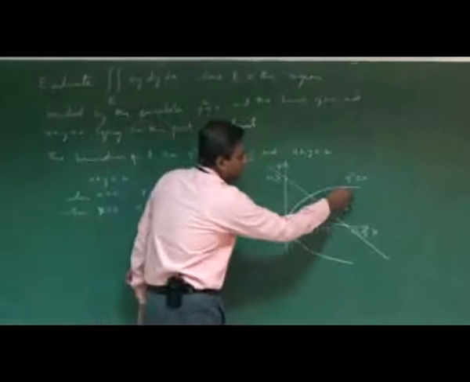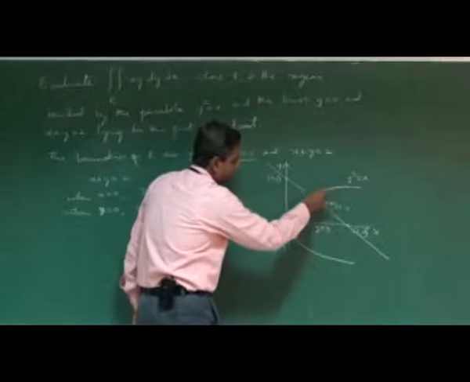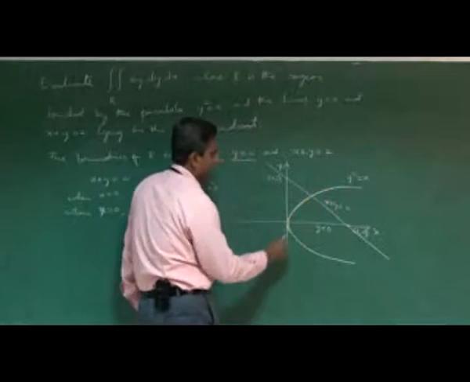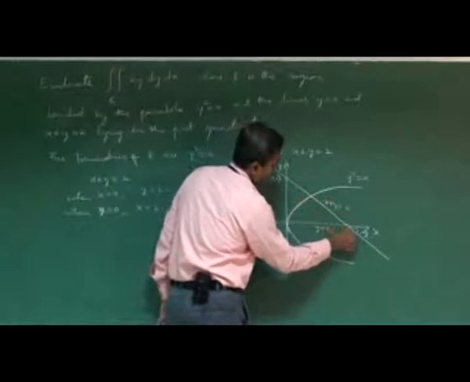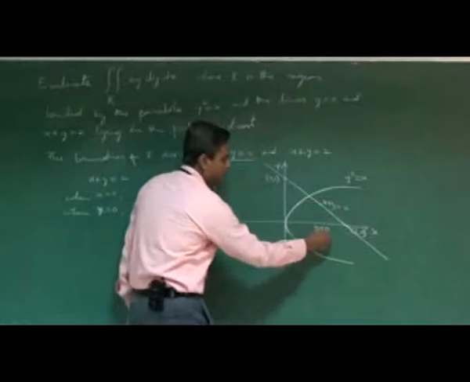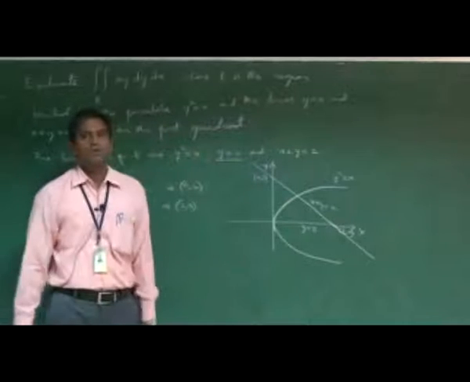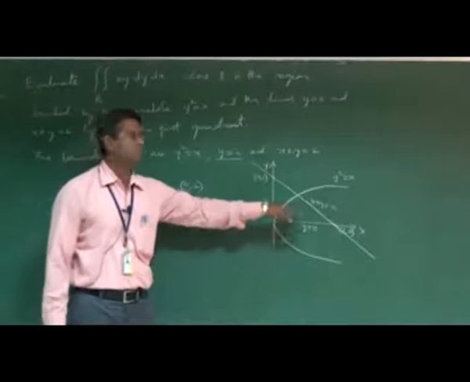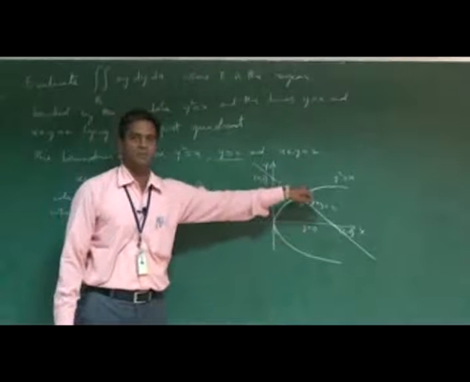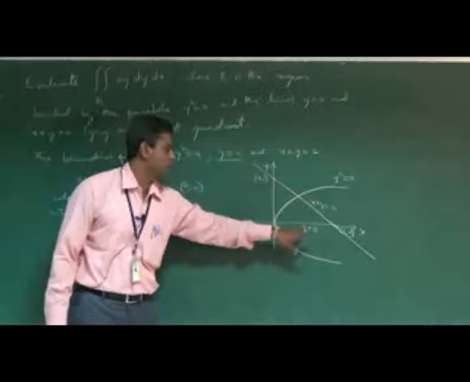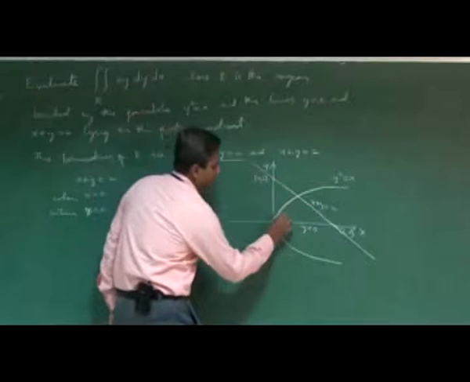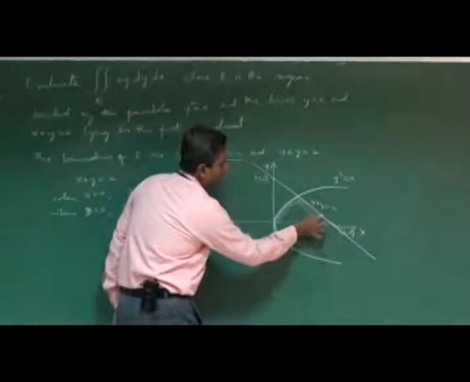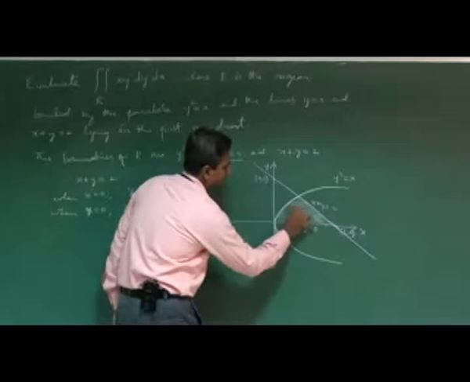So y squared equal to x is a parabola curve, x plus y equal to 2 is a line, and y equal to 0 is another line. So the common region for these three, the parabola and the two straight lines, is the region like this. So this is our bounded region.